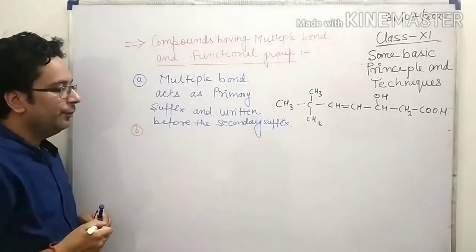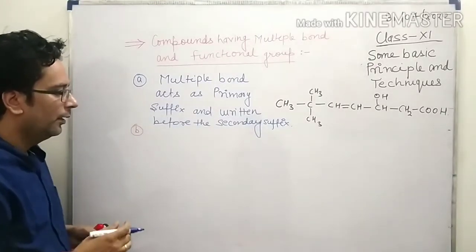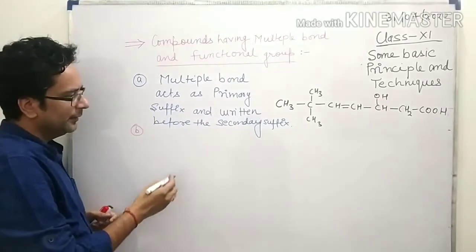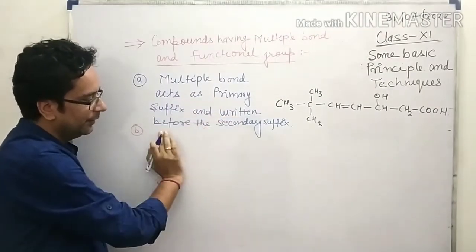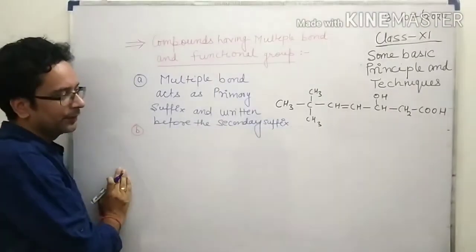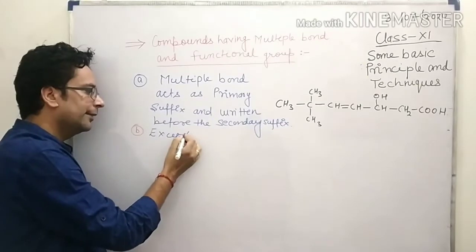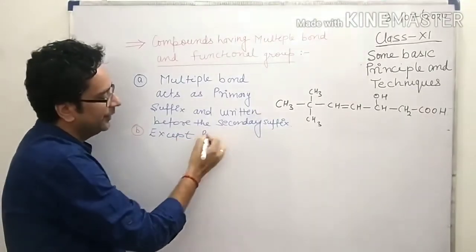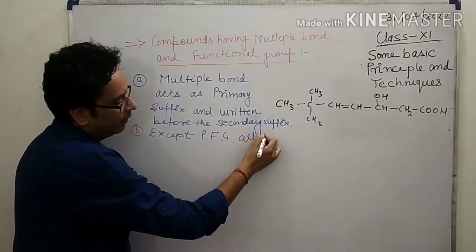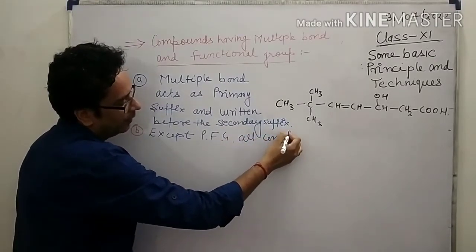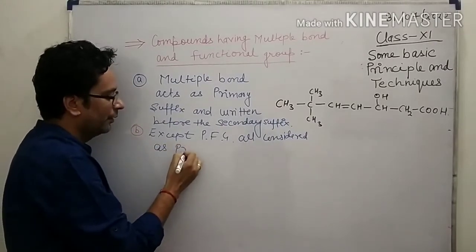Okay. Now the second point is the same, that is, a multiple bond acts as a primary suffix and is written before the secondary suffix, except the PFG, all are considered as prefix.